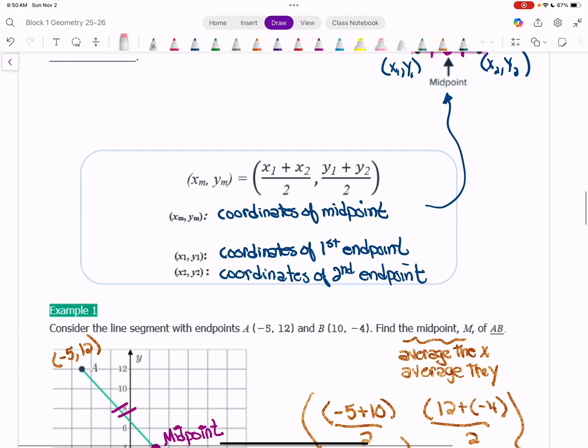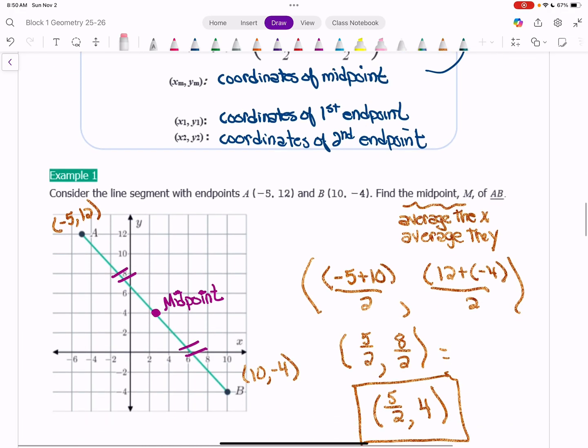All right, so if we had a line segment with -5, 12, which is here, and 10, -4, which is here, and we're looking for the midpoint, you're just going to take the x values, -5 and 10, and divide them by 2, and then the y values, 12 and -4, and divide those by 2, and simplify.